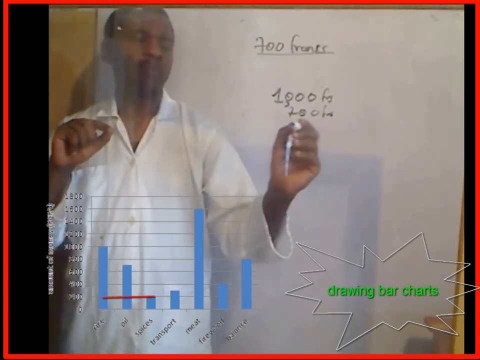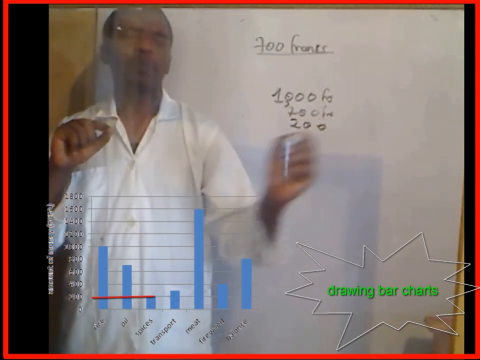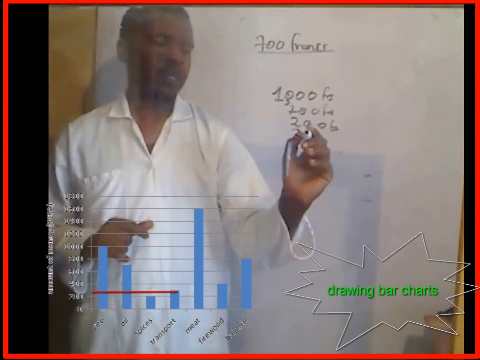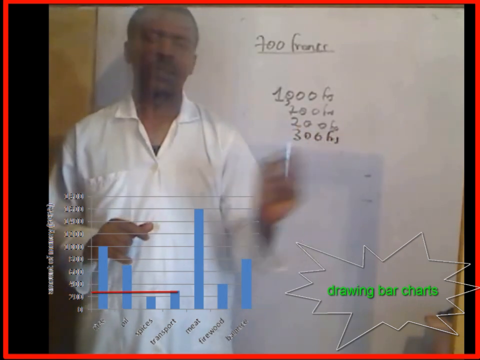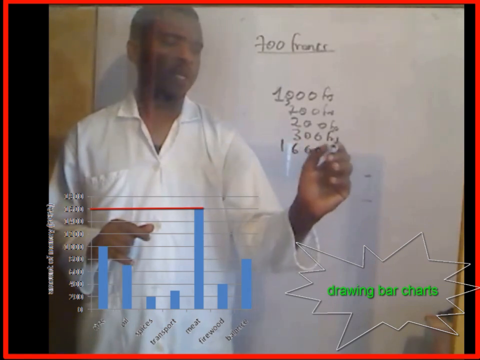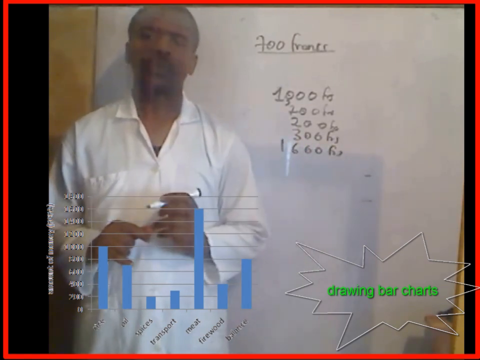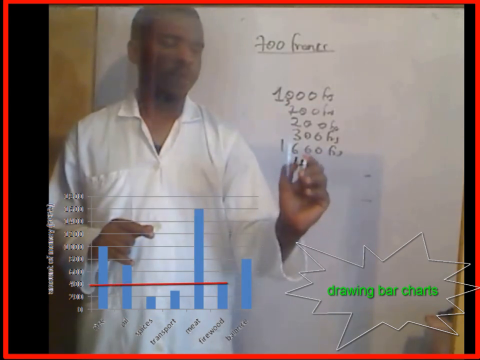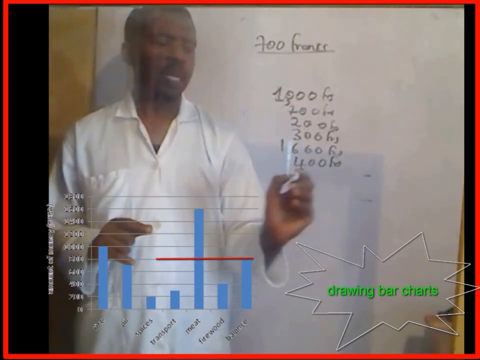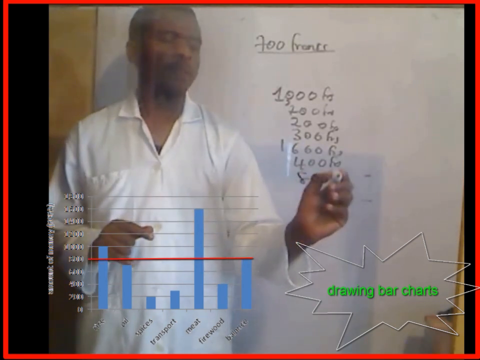Third item, 200. The fourth item, 300 francs. The next item, 1,600 francs. Next, 400 francs. And the last item, 800 francs.